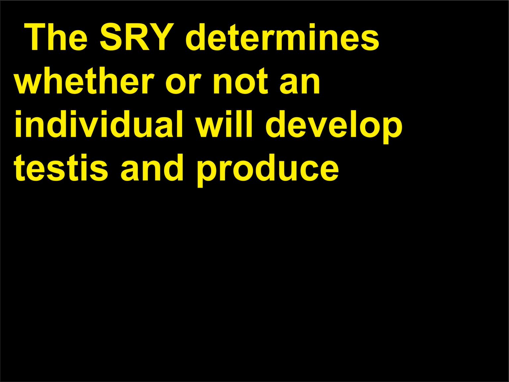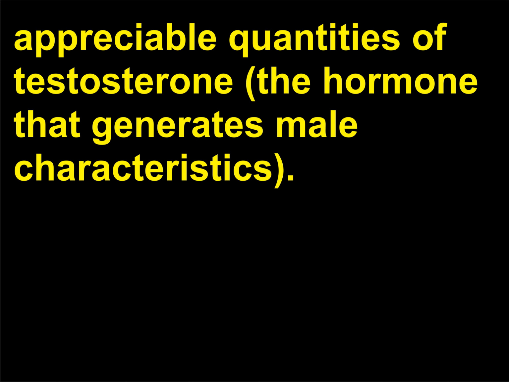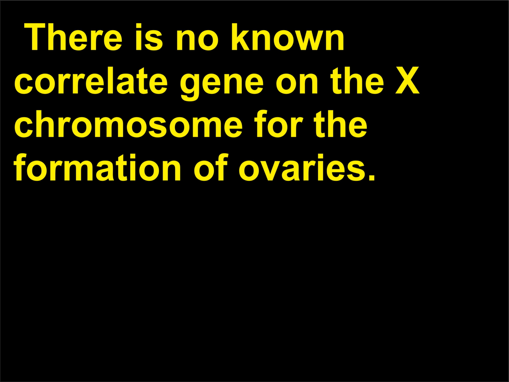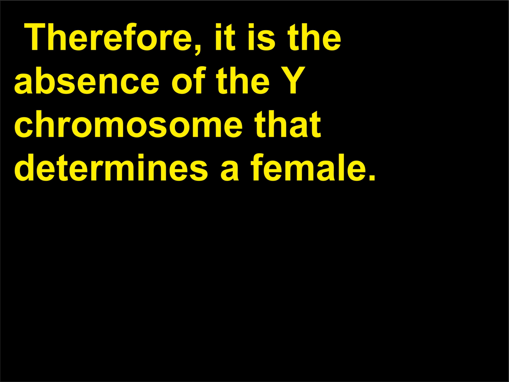The SRY determines whether or not an individual will develop testes and produce appreciable quantities of testosterone, the hormone that generates male characteristics. There is no known correlate gene on the X chromosome for the formation of ovaries. Therefore, it is the absence of the Y chromosome that determines a female.